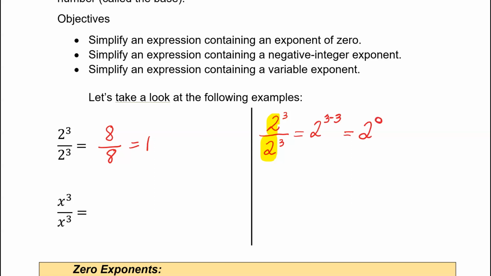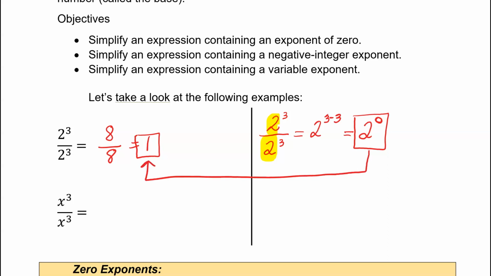So on this side, we receive the answer of 1. And on this side, we receive 2 to the 0 power. So this proves to us that 2 to the 0 is also equivalent to 1.